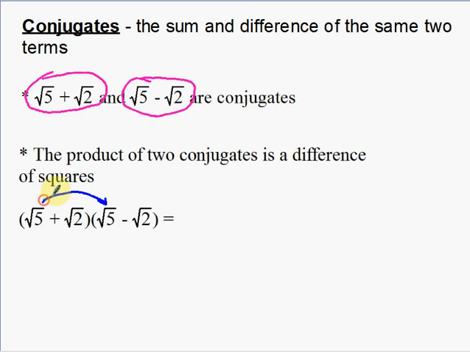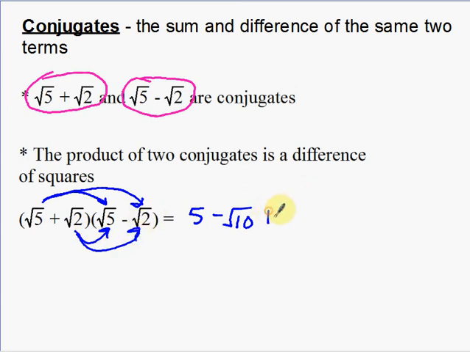So let's go ahead and look at this example here. If we were to multiply these two conjugates to see what I mean about those two radicals canceling each other out. First off, we have root 5 times root 5. That's 5. And we have root 5 times negative root 2, which is negative root 10. And we'll draw these arrows.